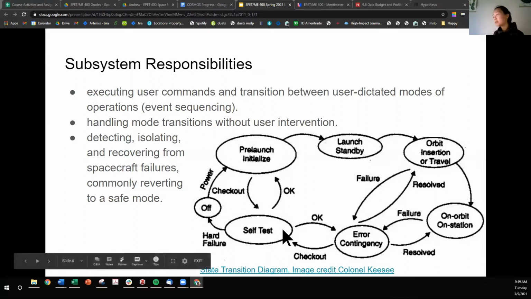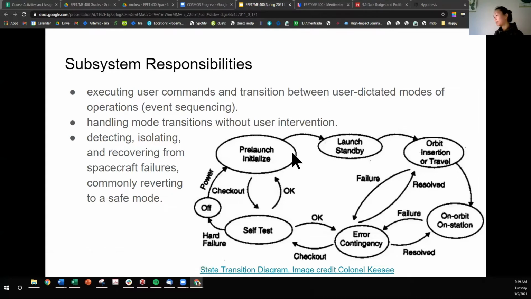So in that self-test mode, you would have conditions to exit that state, say, okay, we're all good. Let's go to a different state, such as, oh, sorry, this is pre-launch. Anyway, once you're in orbit, you go to a different state. You can go to, say, nominal operations. The point is that you have modes with enter conditions and exit conditions that need to be encoded by the flight software.